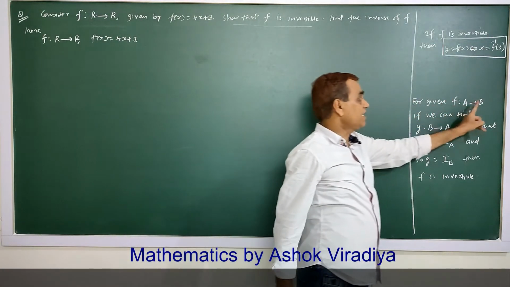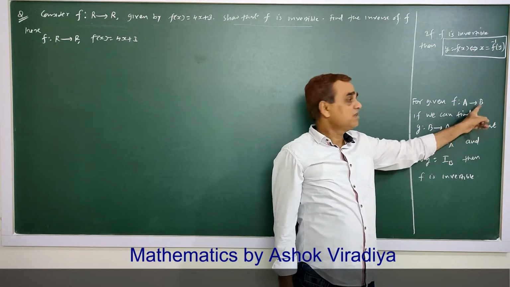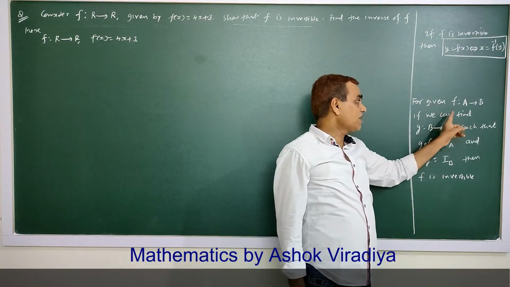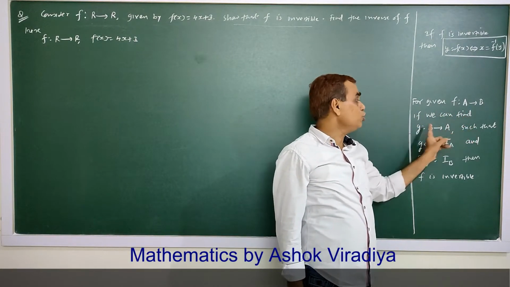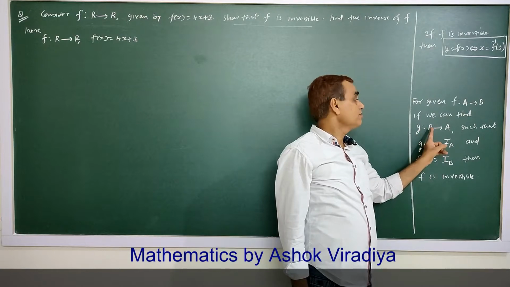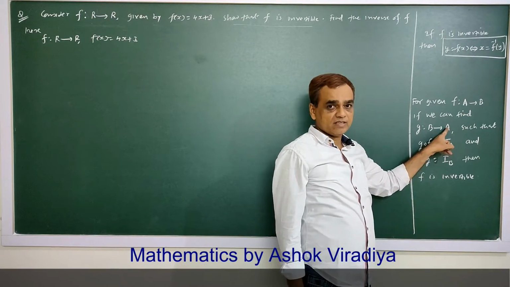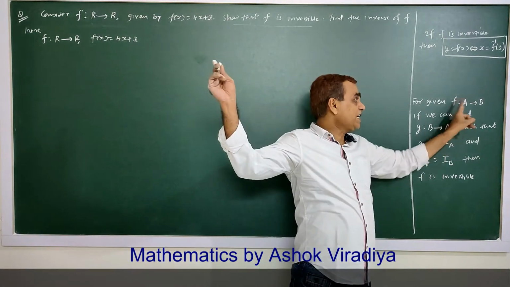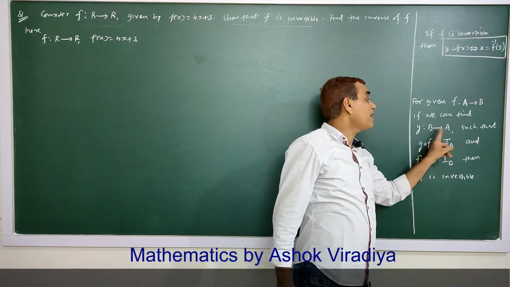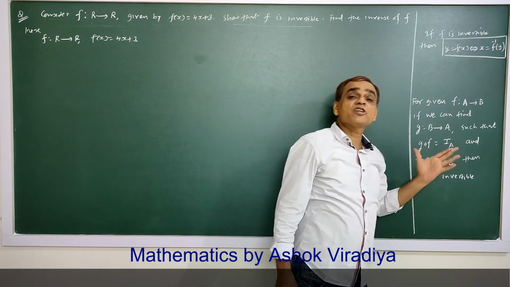Now we are finding a new function from B to A. That is, here it was R to R, so g will also be from R to R, satisfying this condition.